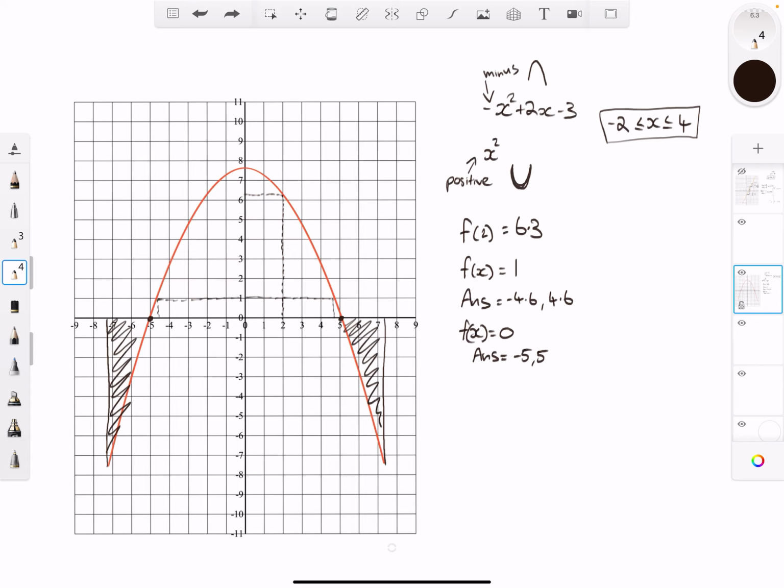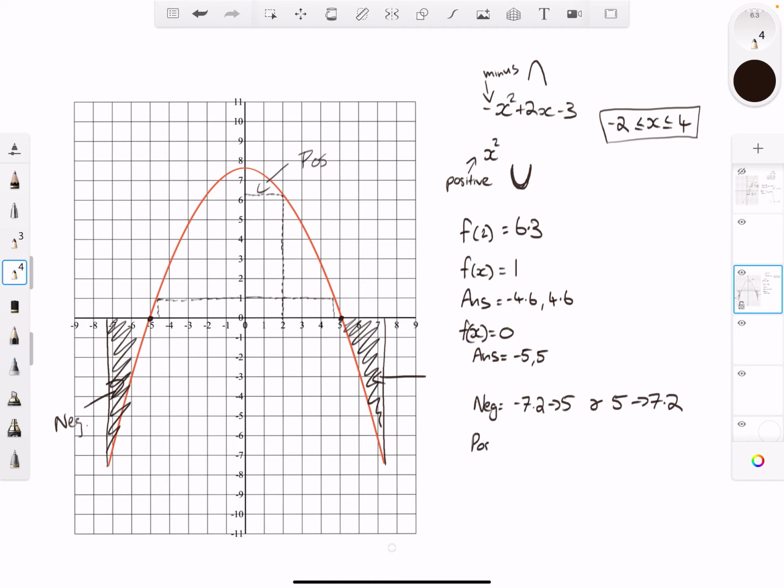So everything in this box is positive, and then these two boxes are negative. So negative is from -7.2 to -5, but it's also from 5 to 7.2.